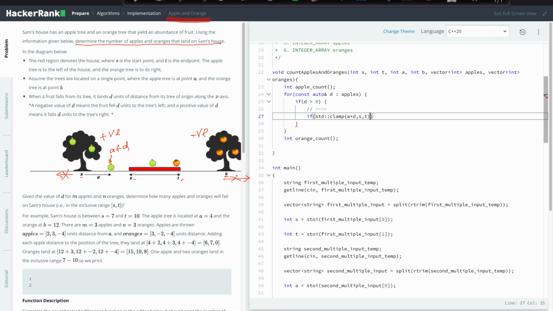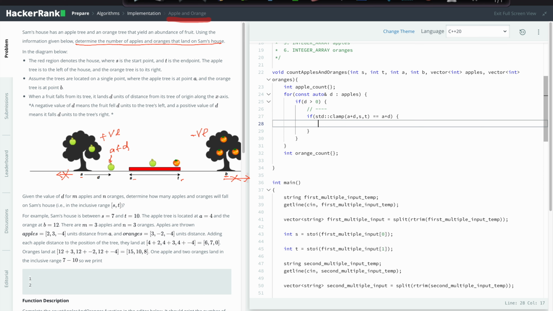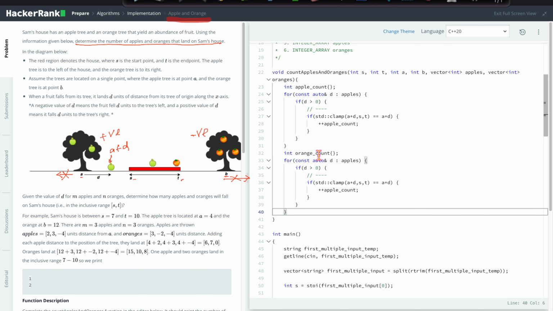If we pass this and the function returns the point that we are searching, that is a plus d, if this condition is satisfied, then we are sure that the apple will fall in this red zone, or in Sam's house. So let's increment the apple counter.